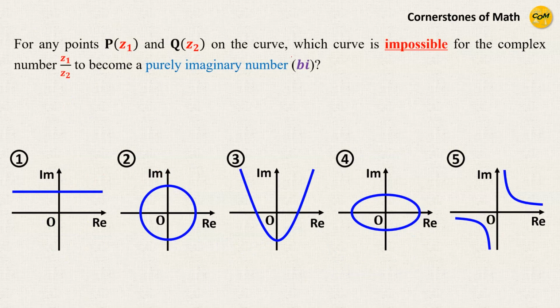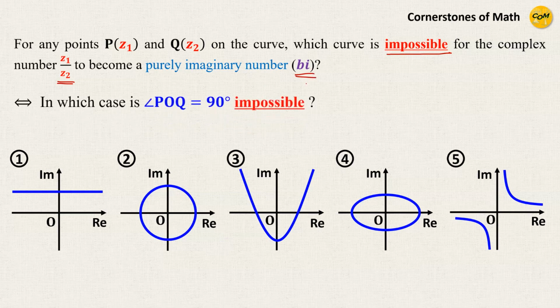So the main question, which curve is impossible for Z1 over Z2 to become a purely imaginary number bi, can be also expressed like this. In which case can angle POQ not be the right angle? This means that if we can find a single case such that angle POQ is a right angle, then that choice cannot be the answer and thus can be discarded.